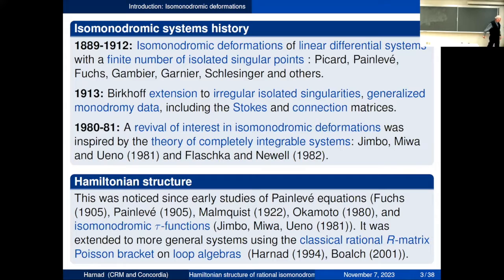So especially Jimbo, Miwa, and Ueno, who were students of Sato, took this up and plunged it into the general theory of soliton theory, inverse spectral theory, but this really was not inverse spectral theory. And the subtle relationship between the two was at that time not very clear.